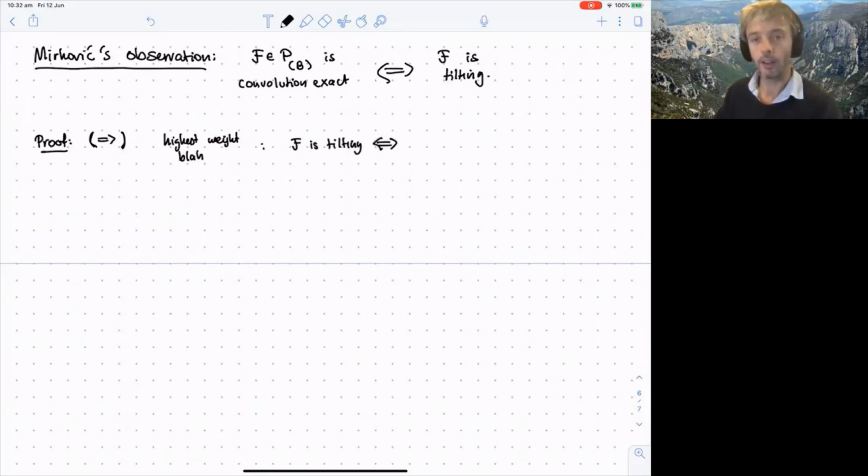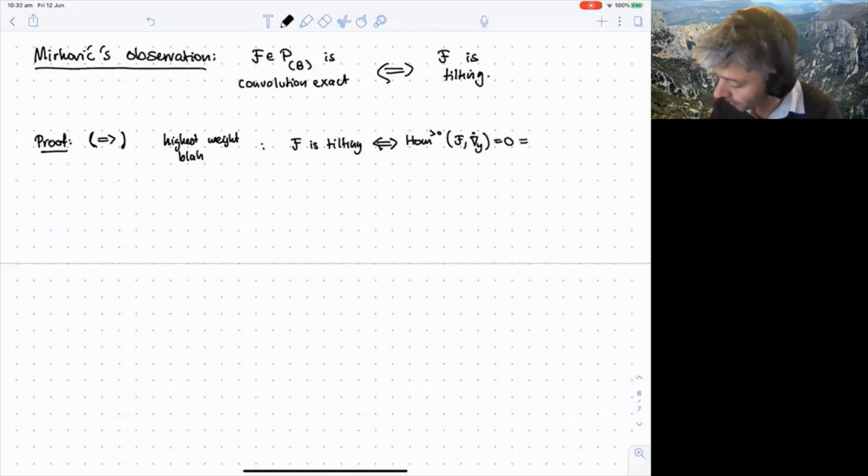The definition of tilting involves a standard filtration and a co-standard filtration, but there's a homological criterion, namely that Hom of degree bigger than 0 from F to the nablas is 0, and Hom of degree bigger than 0 from the deltas to F is 0.